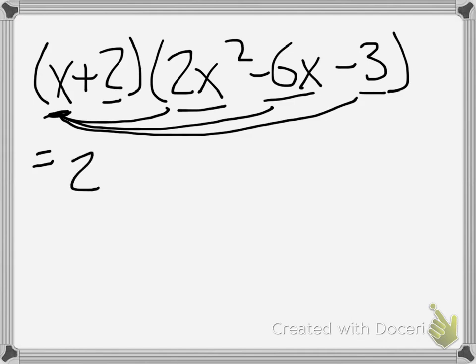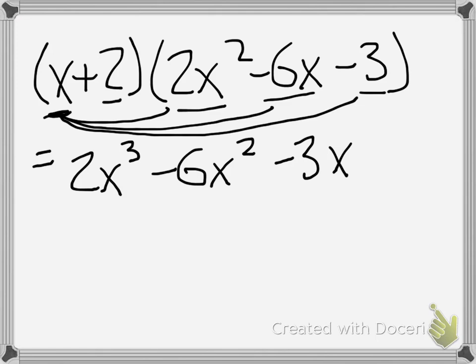So my first step is x times 2x squared. I know that's 2x cubed. I'll put that there. X times minus 6x. That's minus 6x squared. X times negative 3, minus 3x. Now my next step is I have to take this plus 2 and multiply it by each of these 3 terms.